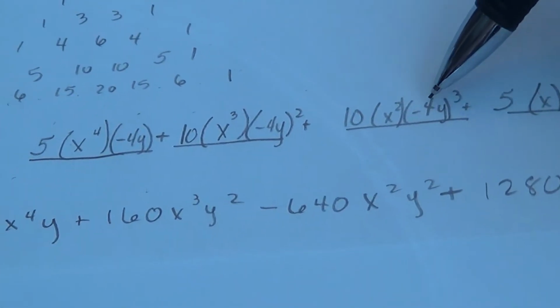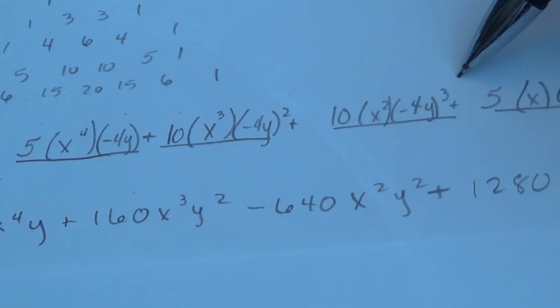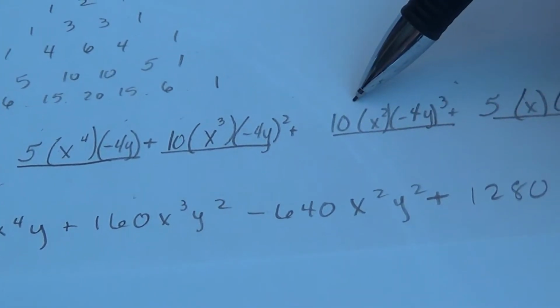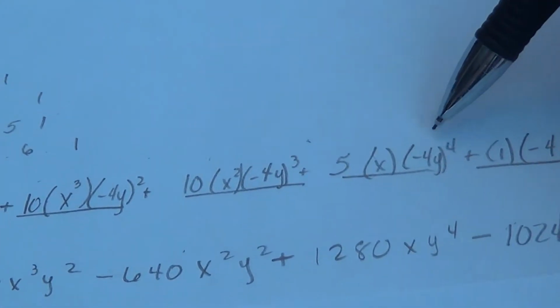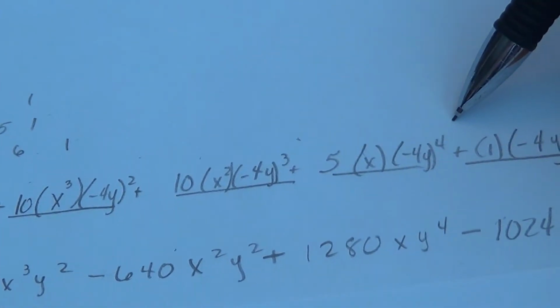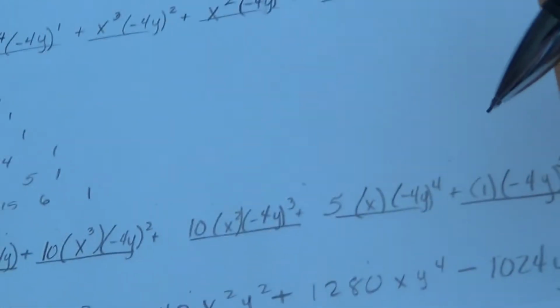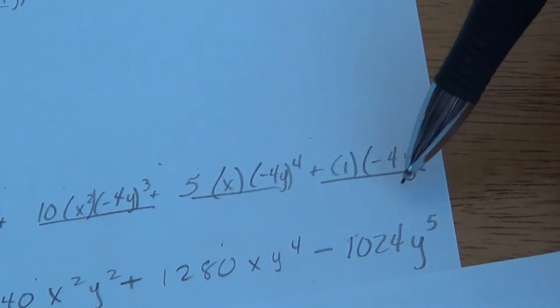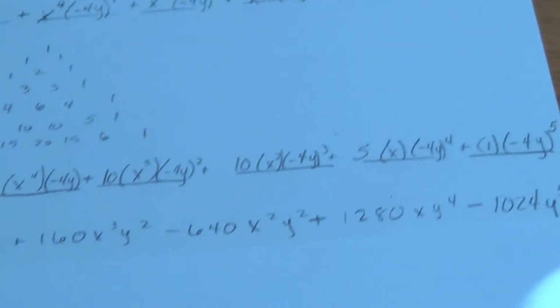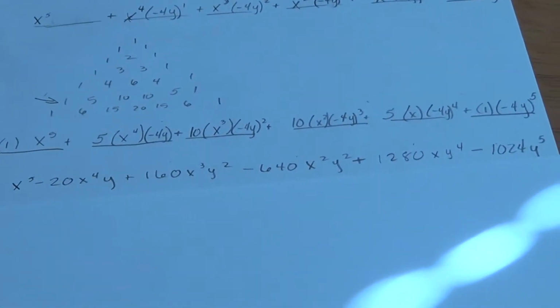Then we had to take minus 4 and raise it to the third, which is a negative, times 10. And down here, minus 4 raised to the fourth is a positive number, times 5. And negative 4 raised to the fifth is a negative number. And there we have the whole expansion.